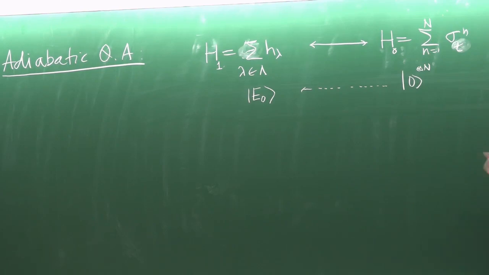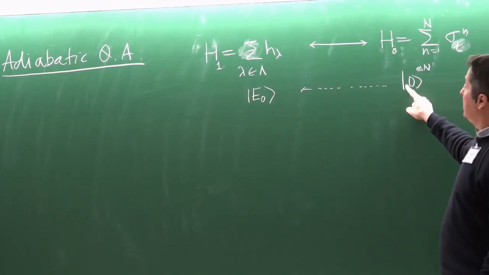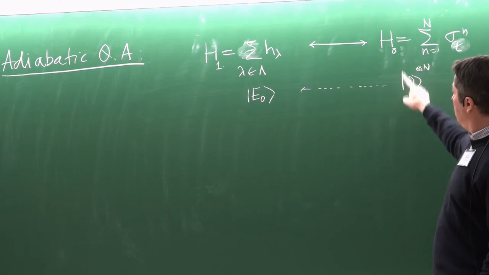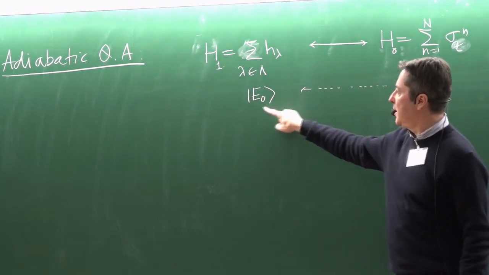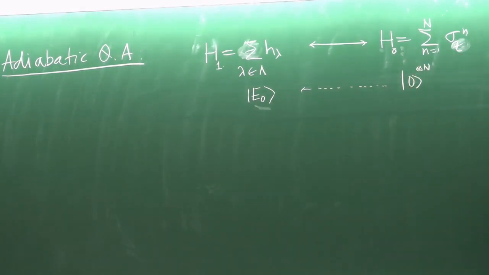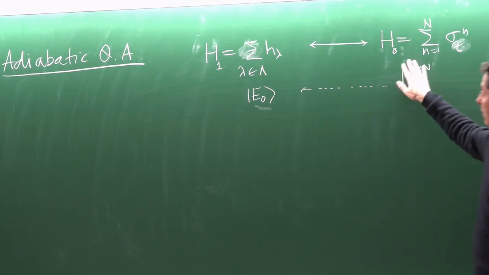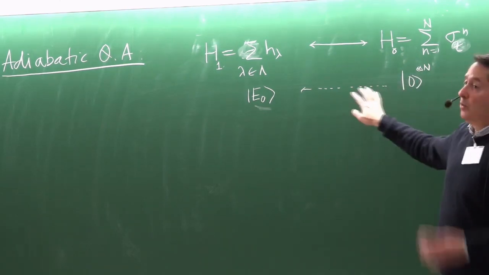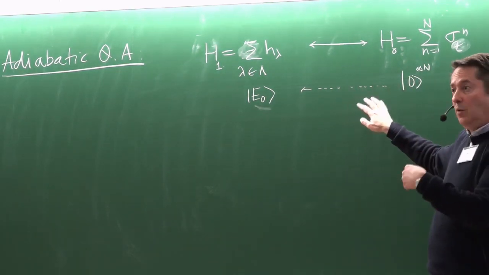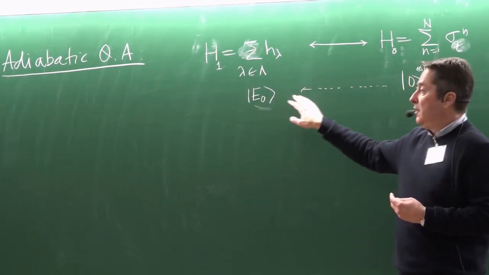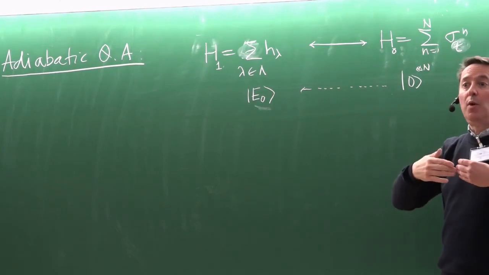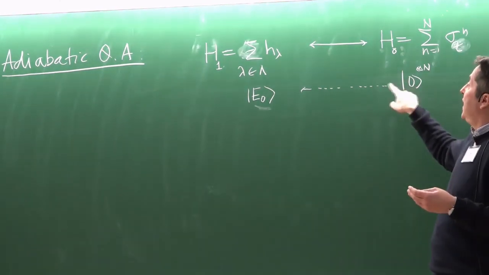And so the question is, what is the time that it will take to deform this Hamiltonian in such a way that this state follows and ends up in E0. And this is what the adiabatic algorithm does. Okay, so it deforms your Hamiltonian. And now, if we manage to find that there is a deformation that will produce this state efficiently, what we will have to do is to evolve according to this time-dependent Hamiltonian.